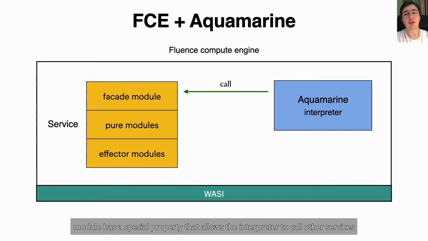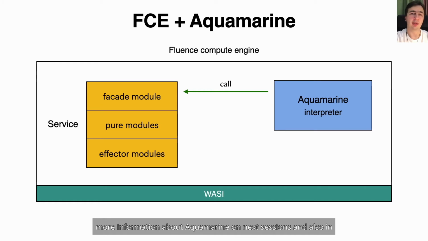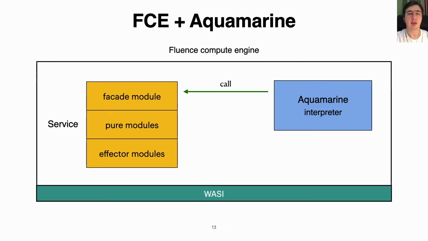But this module has a special property that allows the interpreter to call other services that are loaded to FC at the moment by a special instruction called call. You can find more information about Aquamarine in the next sections, and also in our docs.